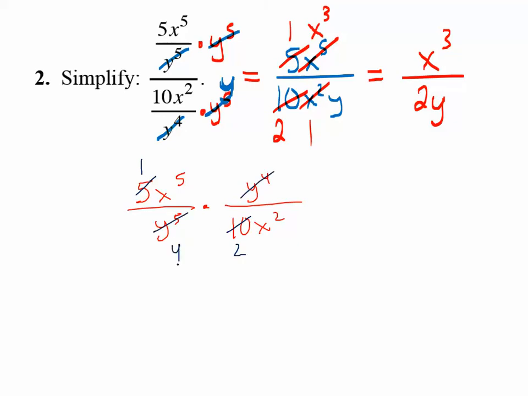So an extra y in the bottom. That's all gone, so just a 1. Ooh, almost forgot. X to the 5th, x to the 2nd. That's gone, and that's gone. That leaves us with x cubed on top. Good there? Cool, I think we're done. 1, x cubed, 1 makes x cubed. 2 times y is 2y.